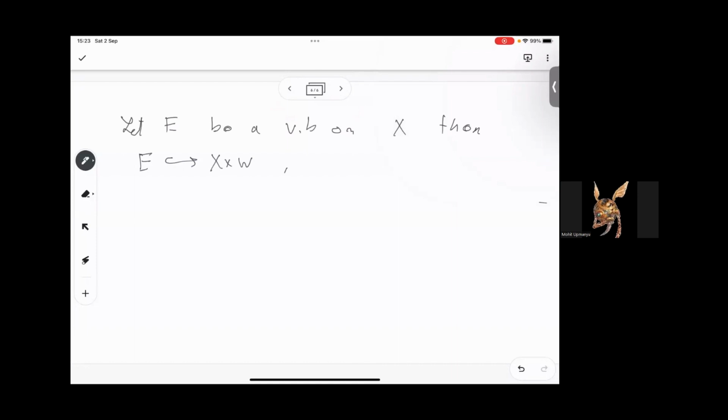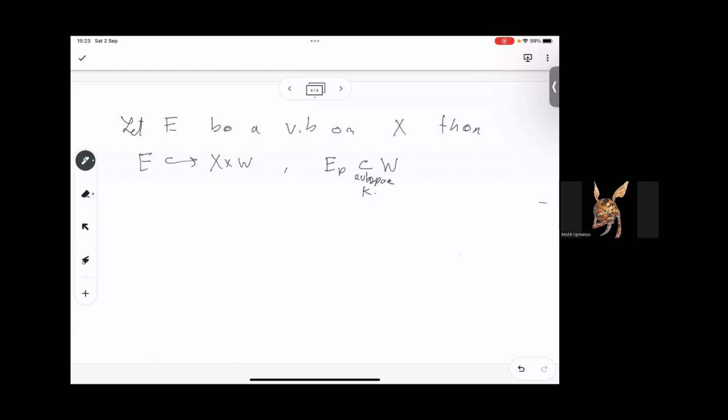So that means the fiber E_p above the point p is in fact a subspace of W. And what's the dimension of the subspace? K.